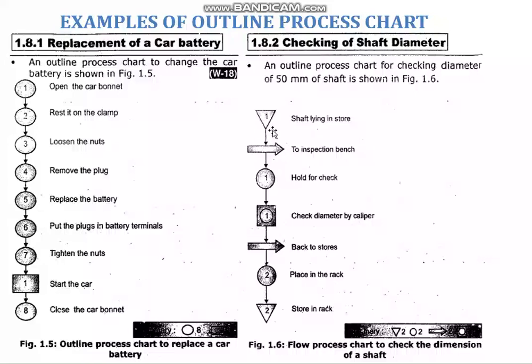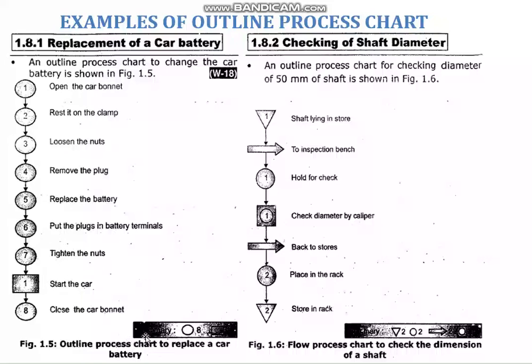If they are coming, it is not an outline process chart, it is a flow process chart. Yes, here it is written, it is a flow process chart. See, this only is the outline process chart. In this outline process chart, after writing all these things, you see a summary is given here.